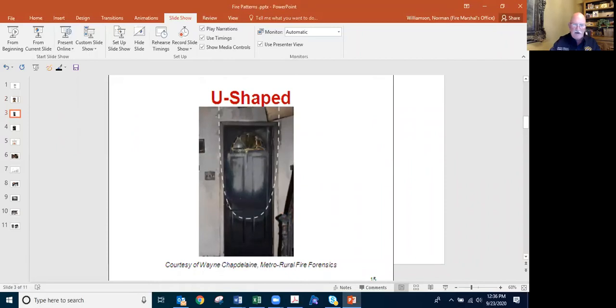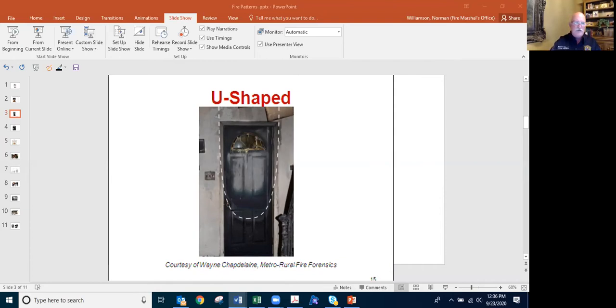A U-shaped pattern is a little different. A U-shaped pattern is kind of similar to a V, but it appears higher up on the wall. If you notice this here, how much higher up it is right here. What it means is the fire flame zone is further away from the vertical surface.